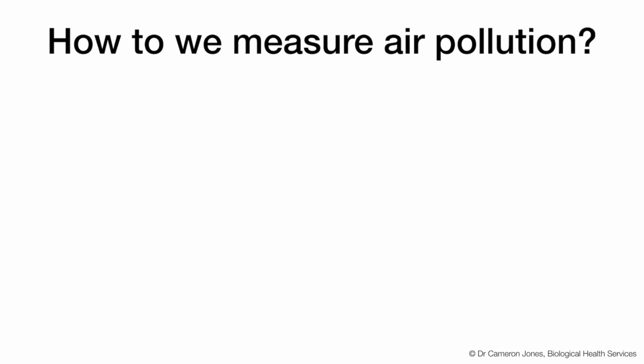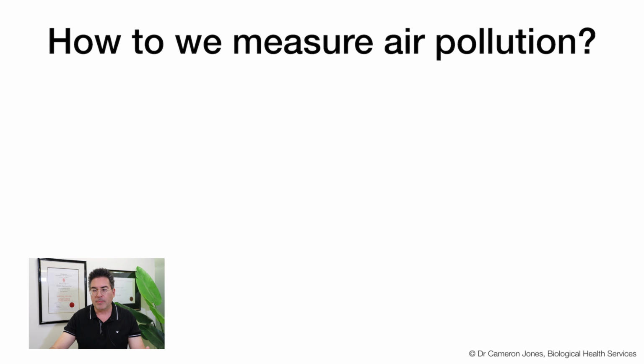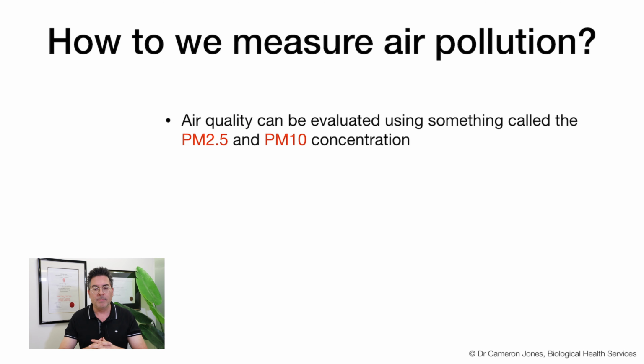So how do we go about measuring air pollution? Well, essentially, air quality is evaluated using two types of metrics, and they are called PM2.5 and PM10. The PM stands for particulate matter, and the numbers 2.5 and 10 represent the size of the particles in the air.